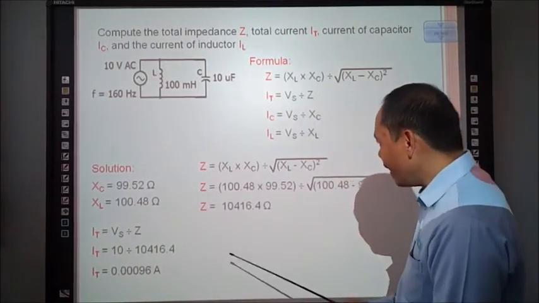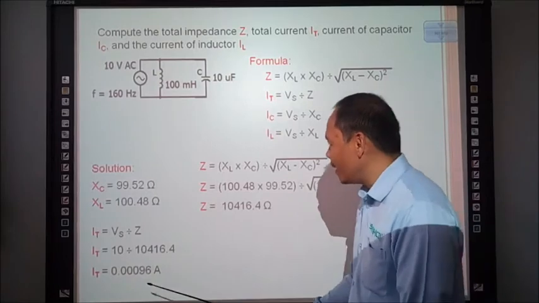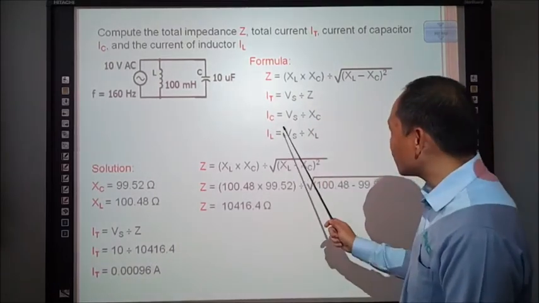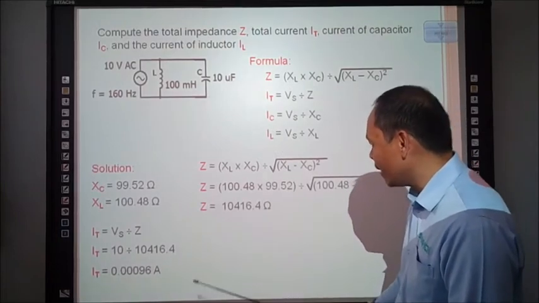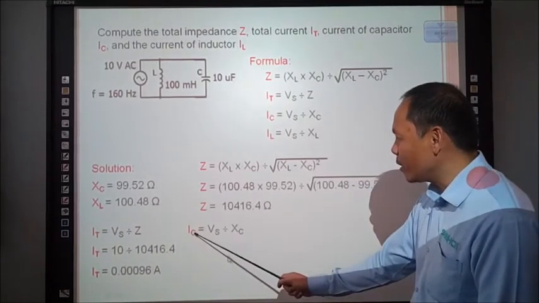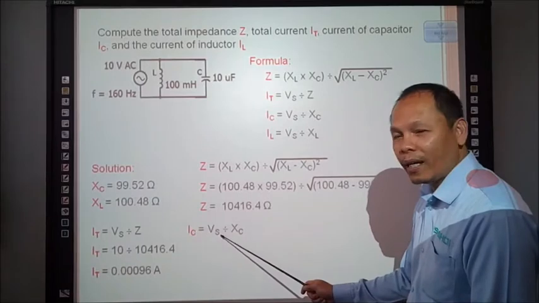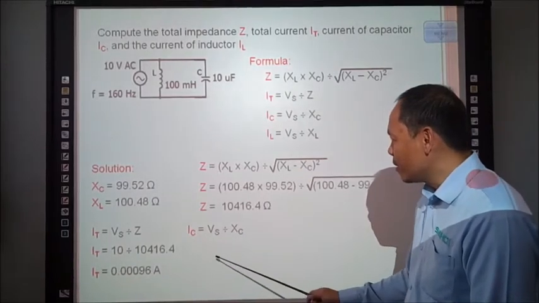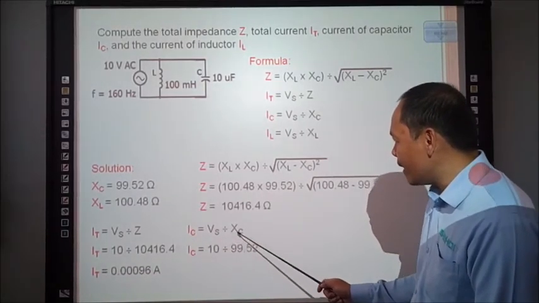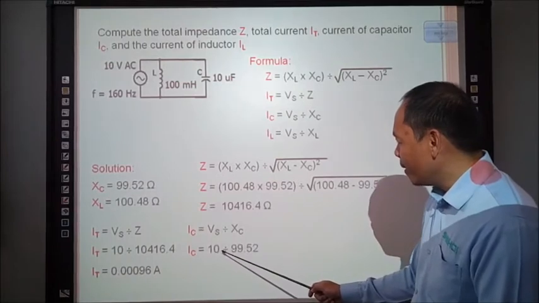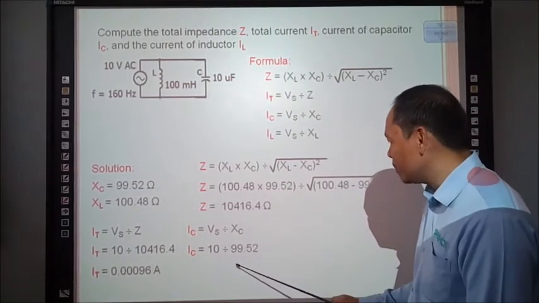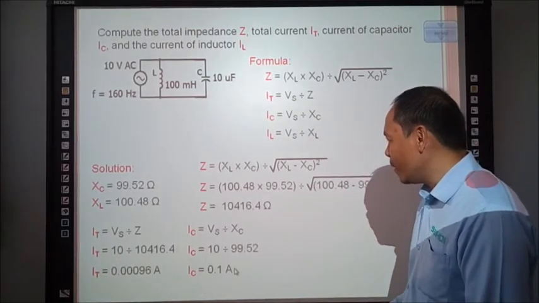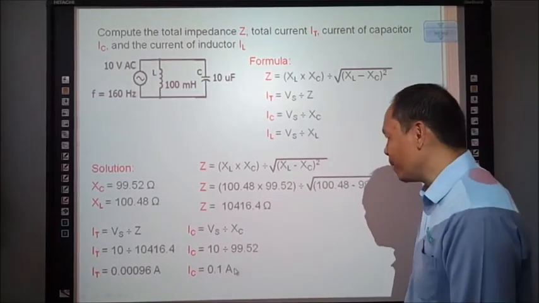Once you have the total current, you can also solve for the capacitor current and the inductor current. First, IC is equal to Vs divided by XC. Substituting, IC is equal to 10 divided by 99.52, so your IC is equal to 0.1 ampere.